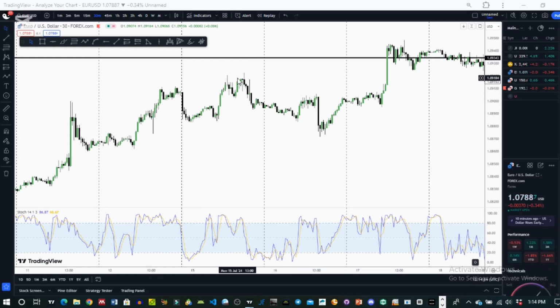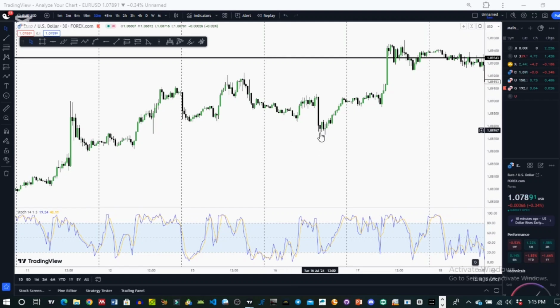Right off the bat, we could see that price was in a down push from this zone here. It got down, it pushed up, and broke this structure here and went below.